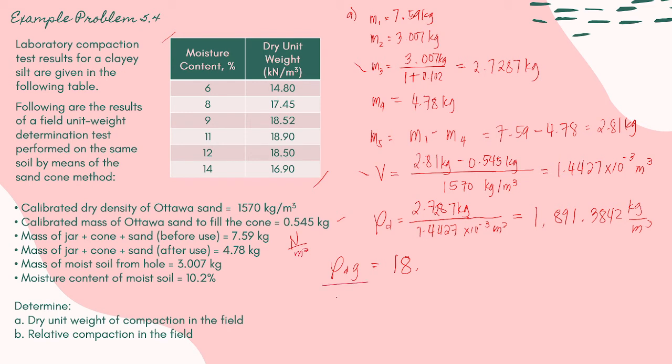So let's divide this by 1,000 to express the dry unit weight in kilonewtons per cubic meter. You will get 18.5545 kilonewton per cubic meter. So this is the dry unit weight of compaction in the field.